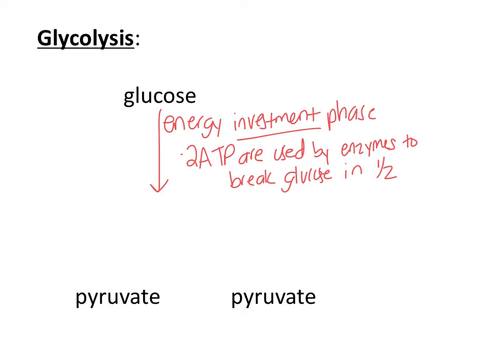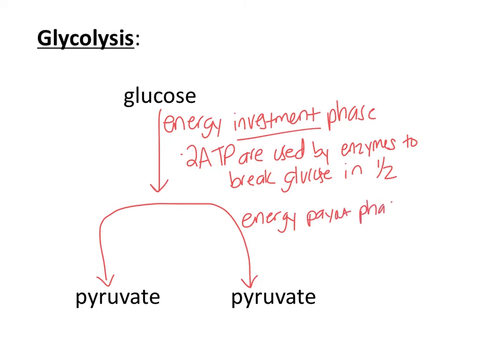And those enzymes continue to modify, and that is what we call the energy payout phase, meaning that now finally we are getting some energy out of those bonds in the glucose molecule. So 4 ATP are made. But since there were already 2 used, it's really only a gain of 2.